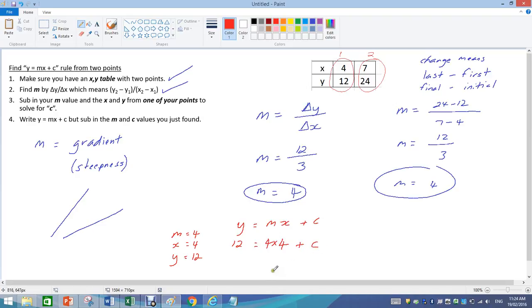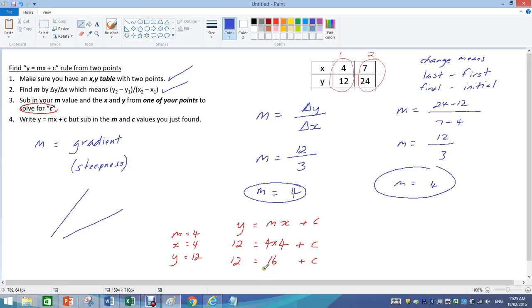Okay, because step 3 is solving for c. So let's simplify things. The left side is just 12. On the right side, 4 times 4 is 16, plus C. Okay, now to solve for C, we can do it in our heads. 16 plus something gives 12, so C must be -4. But we can also do it using our algebra technique. If we get C by itself, it's solved, isn't it? So we need to get rid of this 16.